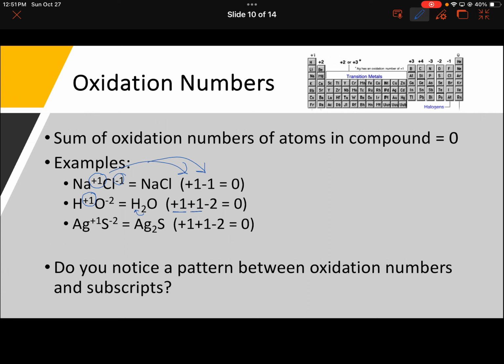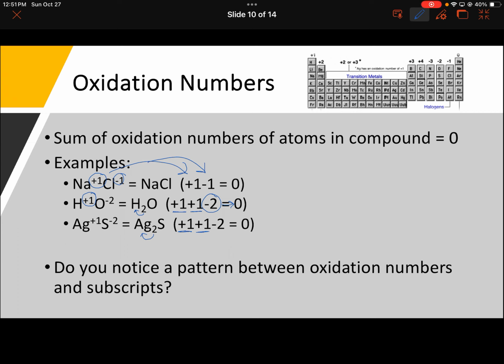So plus 1, plus 1, there's 2 hydrogens, and then a minus 2. That still comes out to be 0. Same idea here. Silver is a plus 1, but there's 2 of them. Plus 1, plus 1, and that minus 2, that still comes out to be a 0.